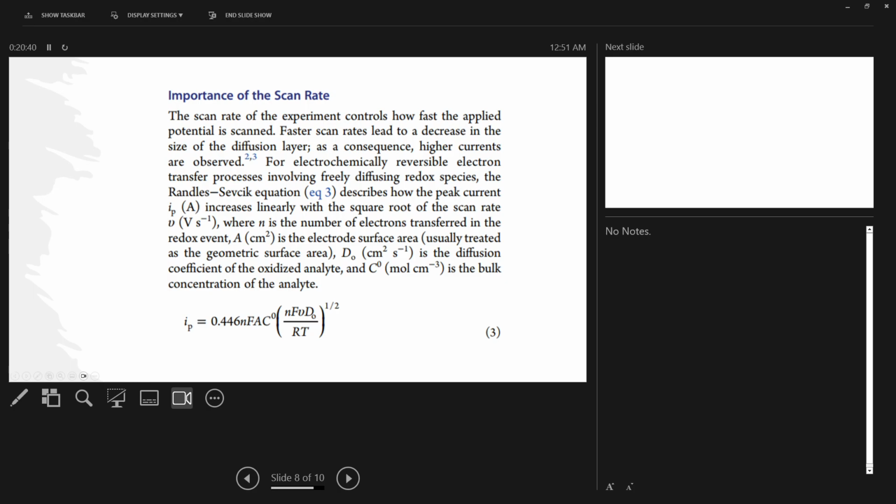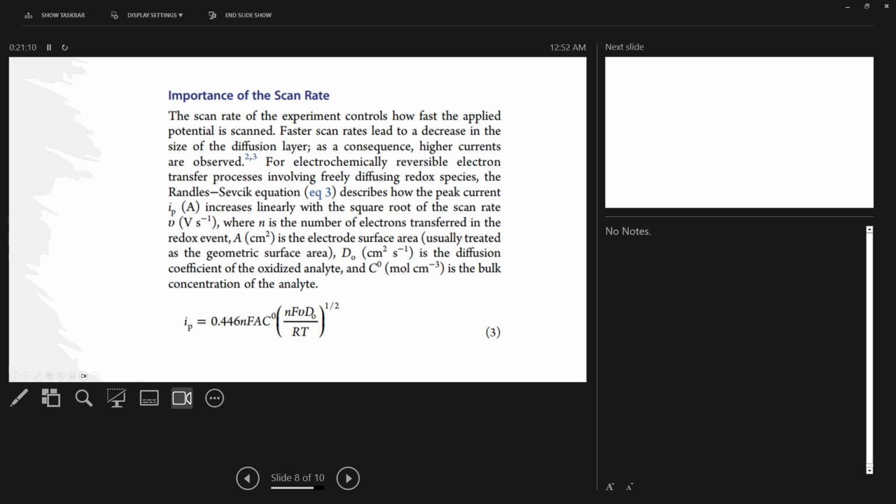So this is the scan rate. Again, this is the geometric surface area of the cathode. C is the concentration of the species. n is the number of electrons. D is the diffusion coefficient, in centimeter squared per second. From this equation we can say that the peak current is directly proportional to the square root of the scan rate.